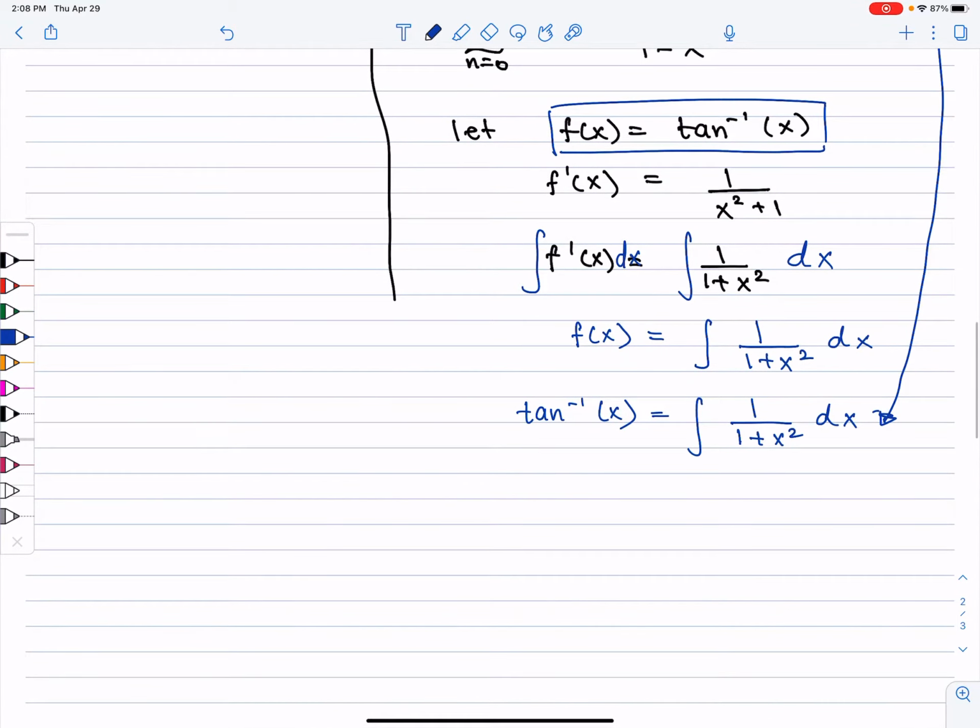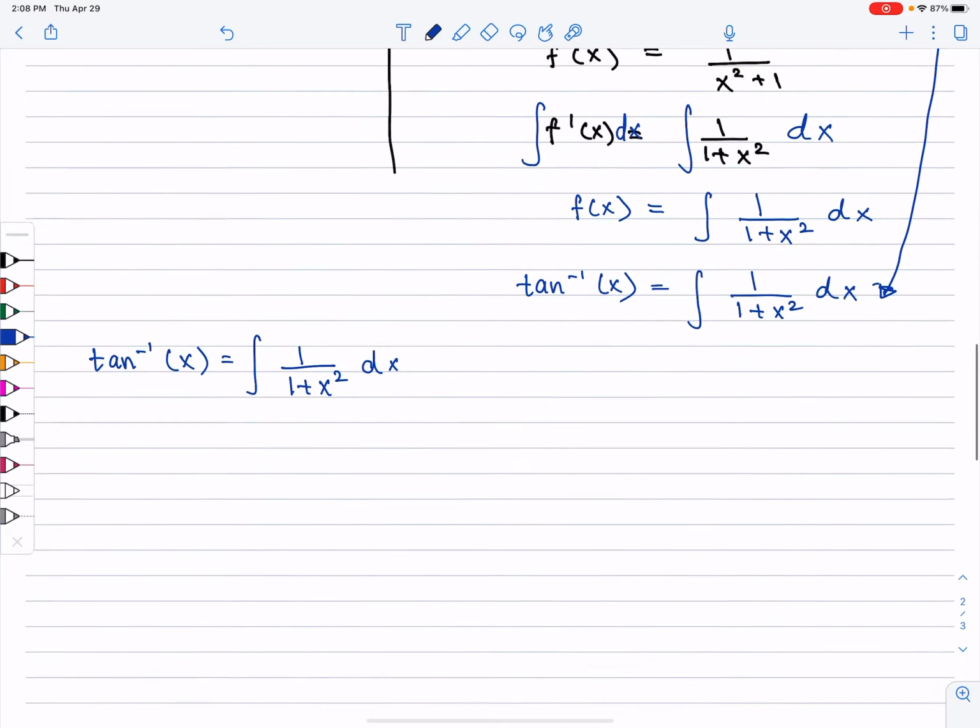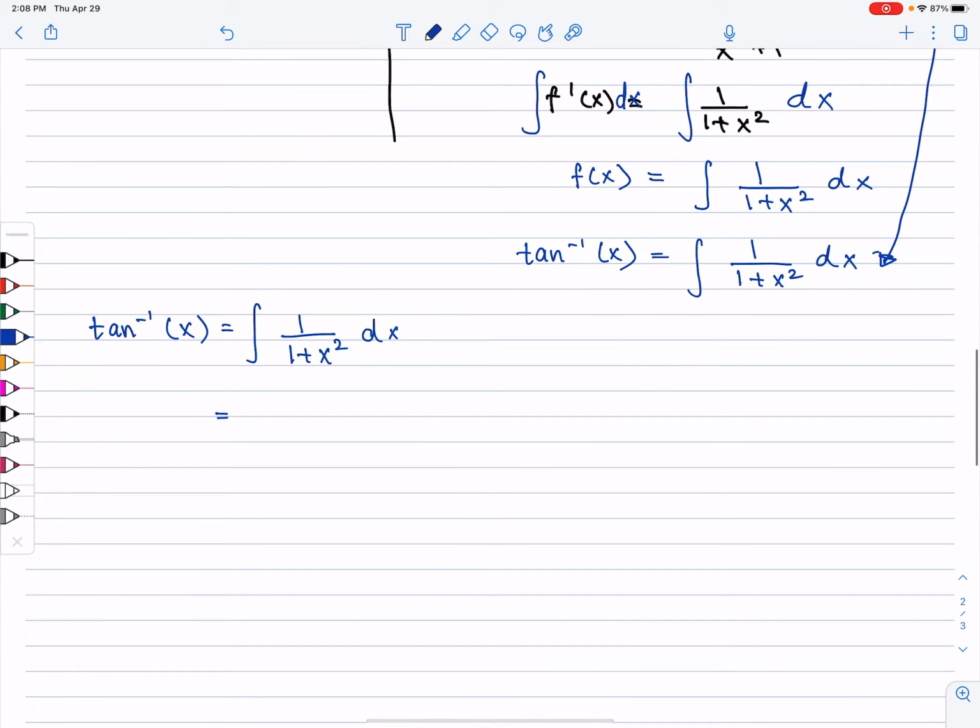We are going to say that tangent inverse of x is equal to the integral of 1 over 1 plus x squared dx, which is equal to the integral of sigma, as n goes from 0 to infinity, of negative x squared to the nth power dx.